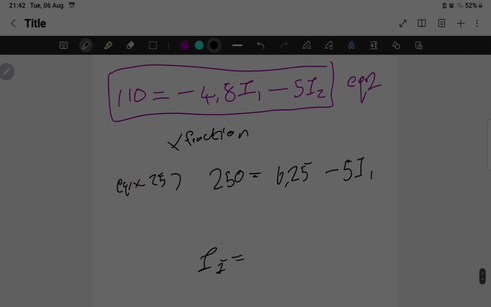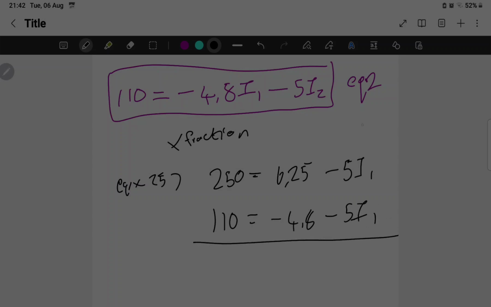At the bottom we're going to have 110 equals negative 4.8 minus 5I. Negative 5 plus 5, we're going to have 0 over here, 6.25 minus 4.8, we're going to have 11.05, and over here we're going to have 250 minus 110 equals 140.